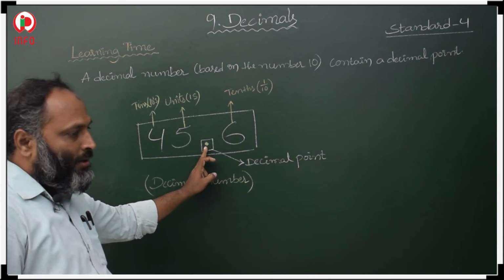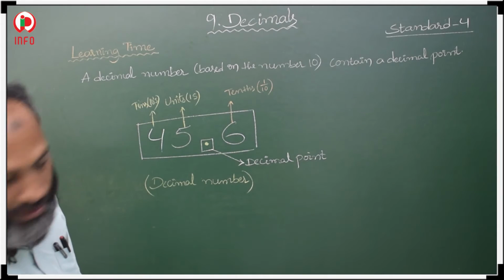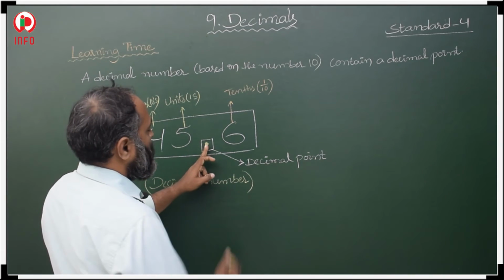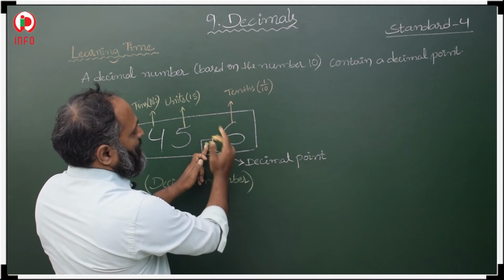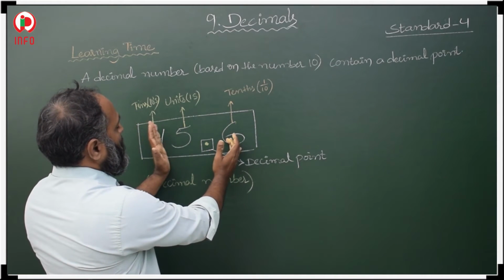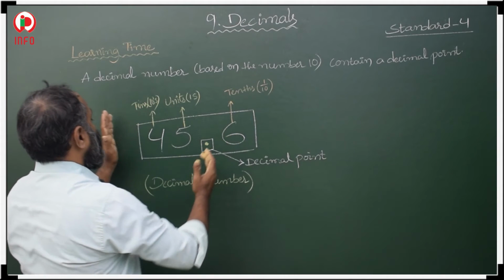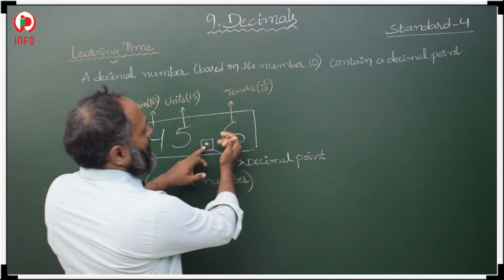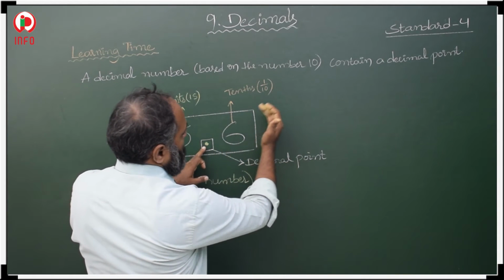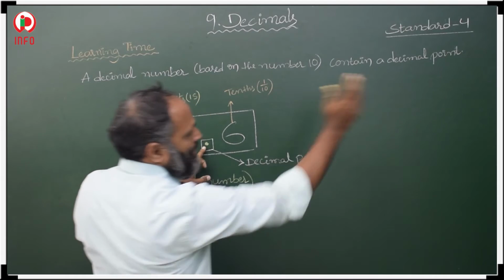This is the decimal point. Decimal point, right side number is in tenths place. Left side places are units, tens, 100, 1000, 10,000, lakh, in that way. And right side places start from tenths, hundredths, thousandths, ten-thousandths, like that.